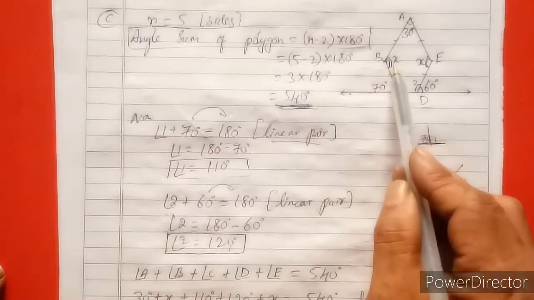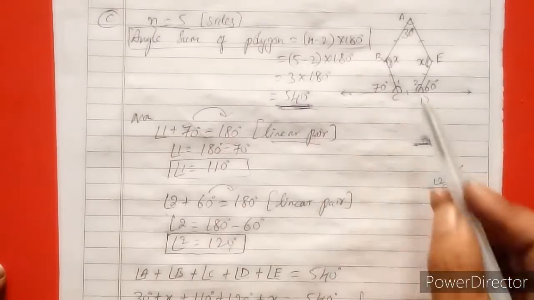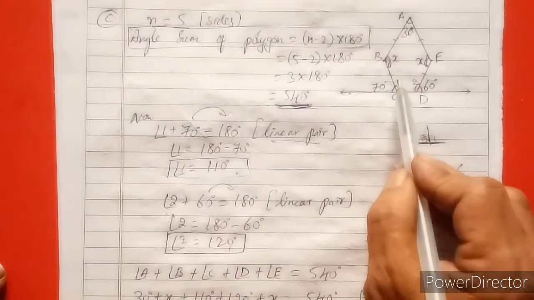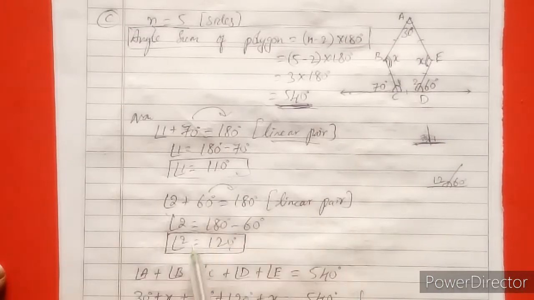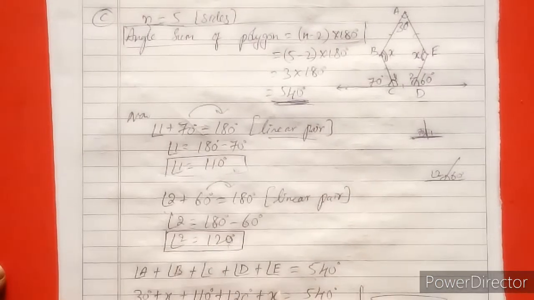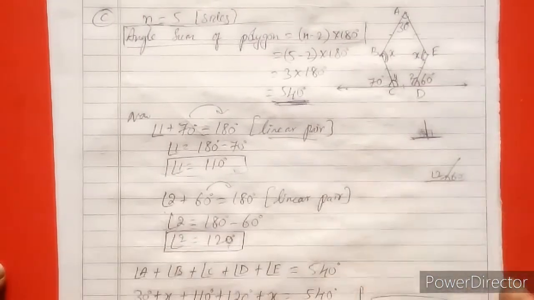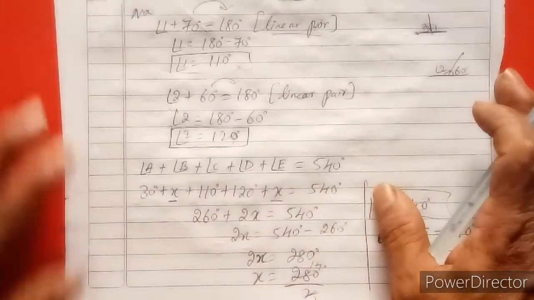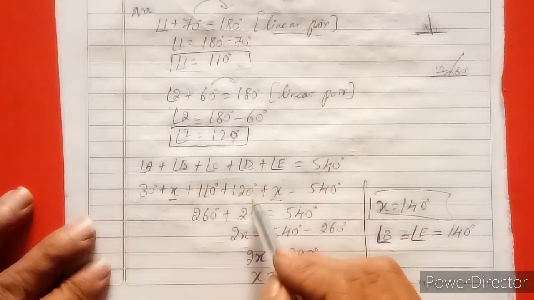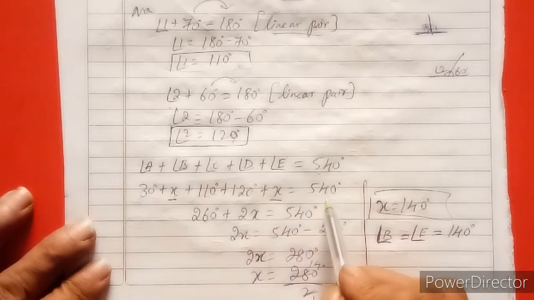Angle B is X. Angle C, the interior angle 1, is 110 degrees. Angle D, the interior angle, is 120 degrees. And angle E is X. So we write 30 degrees plus X plus 110 degrees plus 120 degrees plus X equals 540.